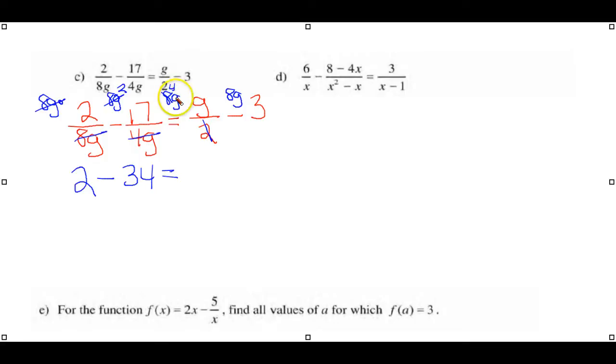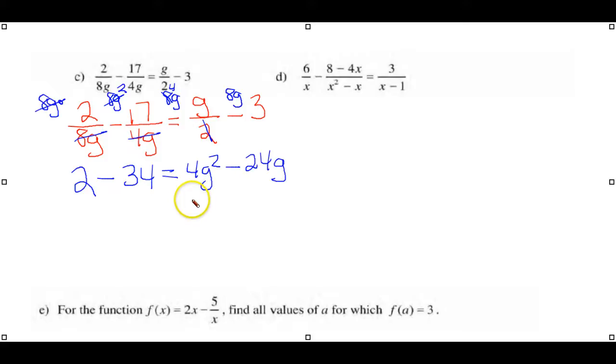So we have 4g times g is 4g squared. And this will be a negative 24g.